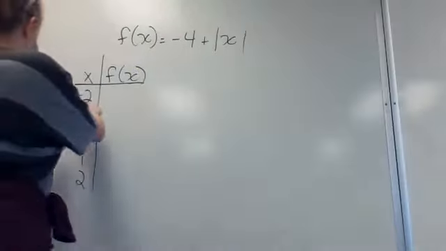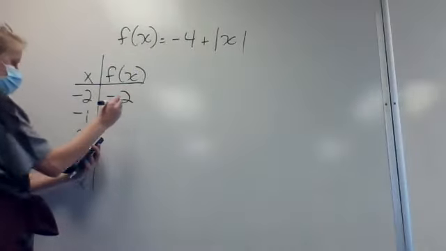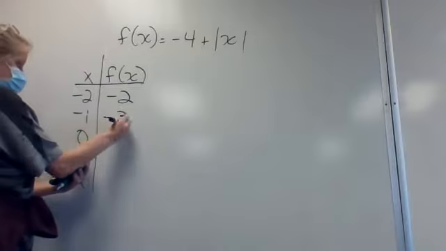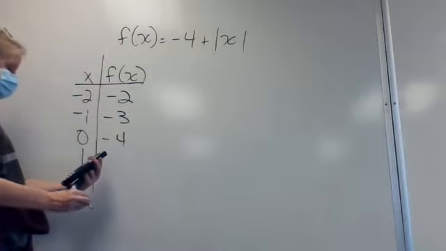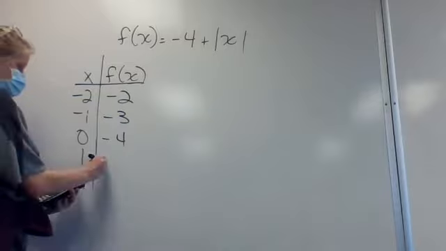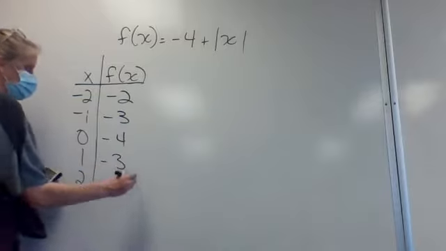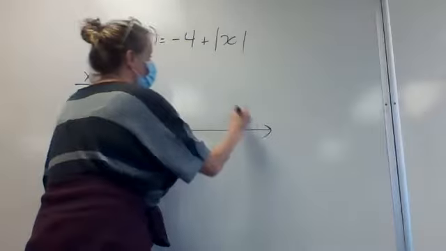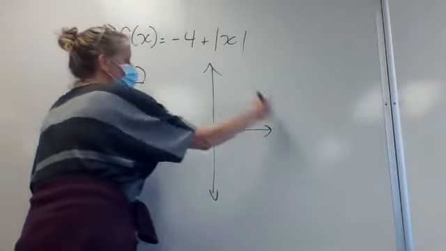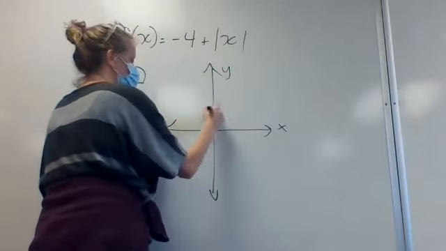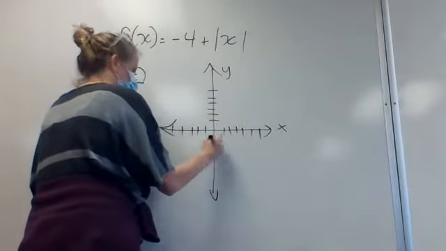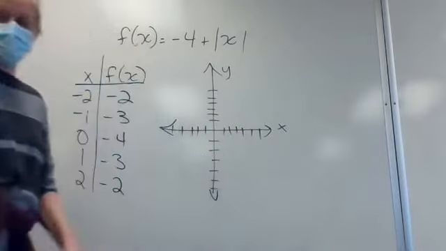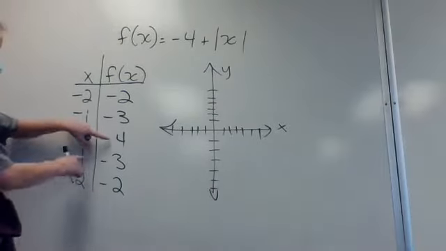So there's all the x's and y's that you need. So let's see, with -2 goes -2, -1, -3, 0, -4, 1, -3, and 2, -2. So again, when you're doing absolute values, what are you plotting first? Vertex, that's right. And you can even tell from this chart what the vertex is.